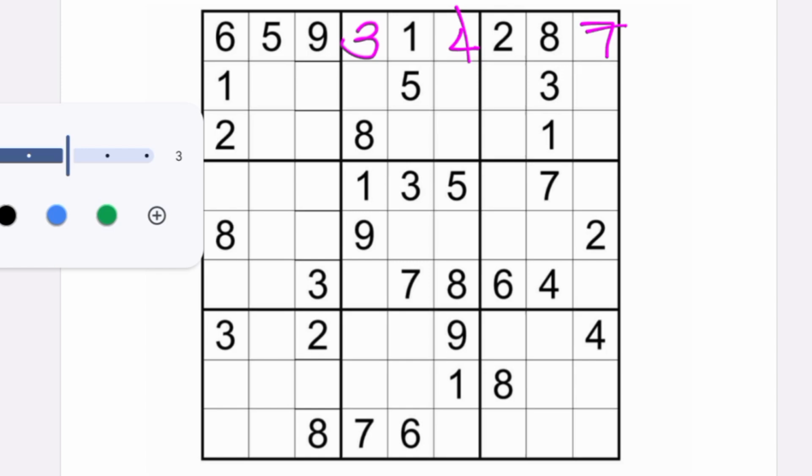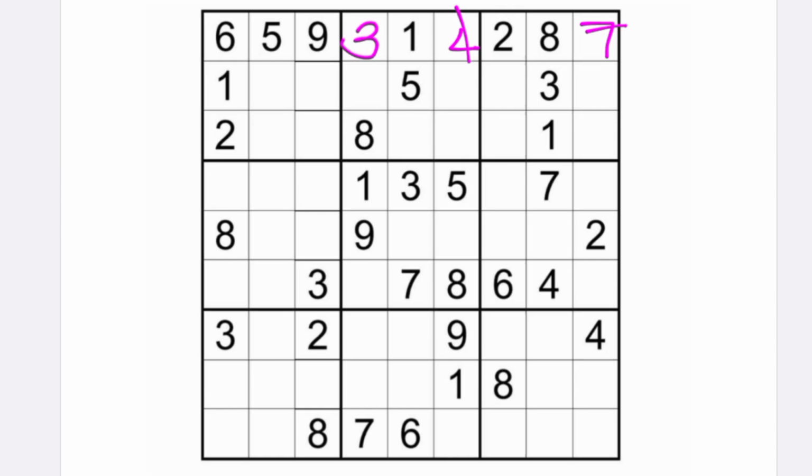Here's the first box, where we have 6, 5, 9, 1, 2. For the second row, the numbers that are not yet in the row are 2, 4, 6, 7, 8, and 9.